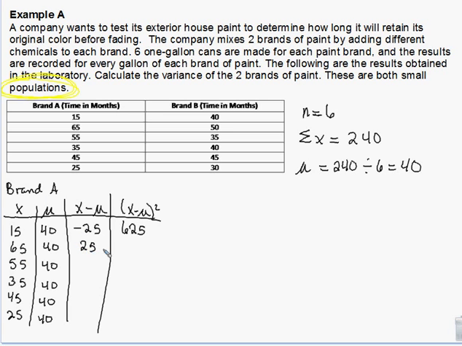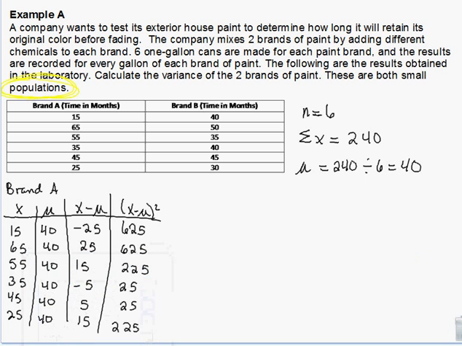Hit the squared button, 625. 55 minus 40 is 15. Squared, 225. 35 minus 40 is negative 5. Squared, 25. 45 minus 40 squared, 25 minus 40 squared.